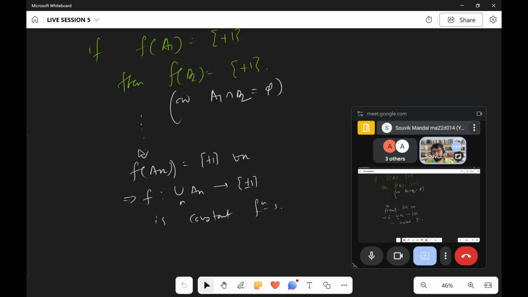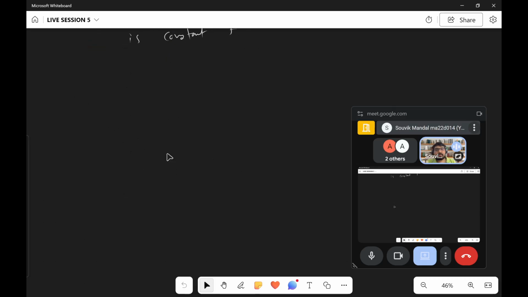Now, hold a moment. So all of you, can you remember what is meant by the lower limit topology?